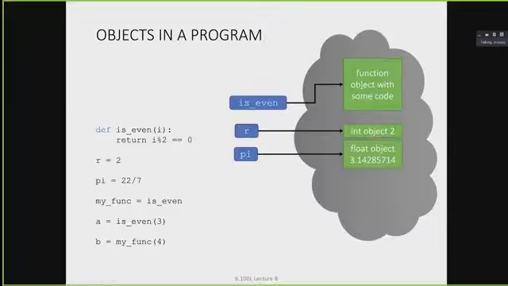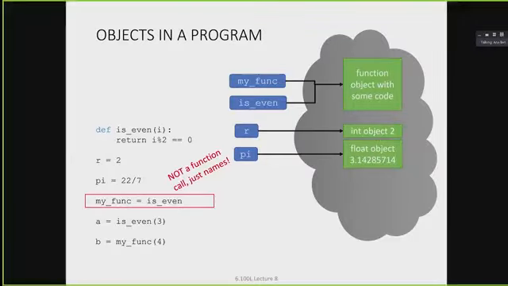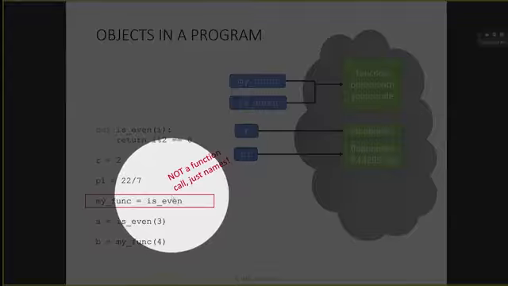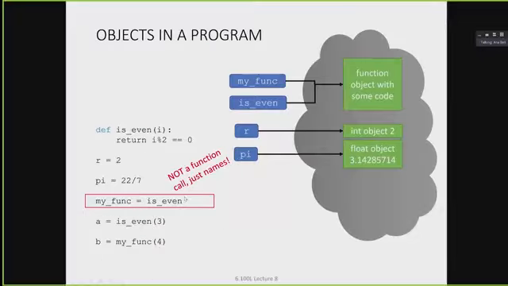So now that we've established that a function is basically an object with a name, we can say a line like this: my_func equals is_even. The right-hand side here is just the name of my function. It's not a function call. Notice there's no parentheses after is_even, there's no parameter, none of that.